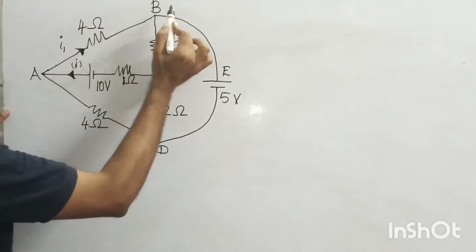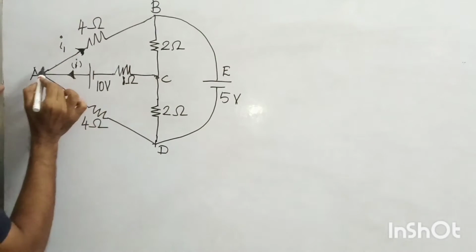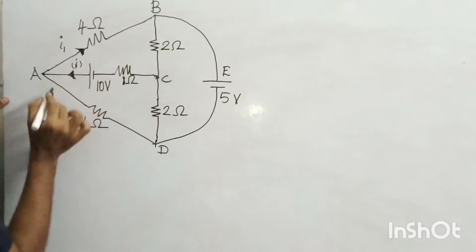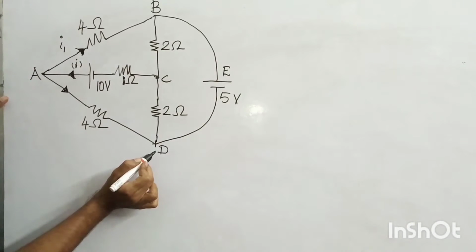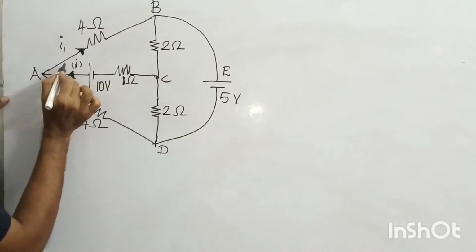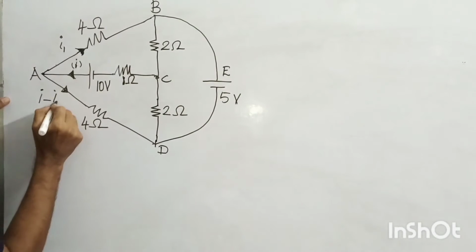At this branch AB, a current I1 flows. I is divided into two currents: one is I1, and the current flowing through the branch AD is I minus I1.